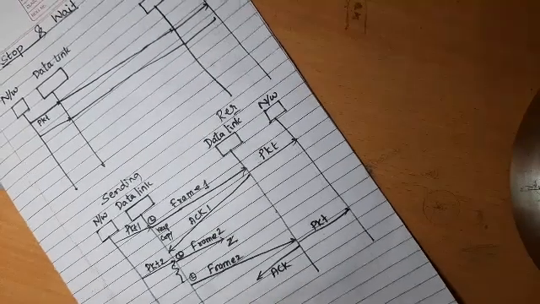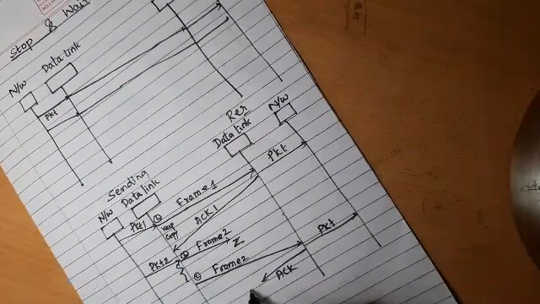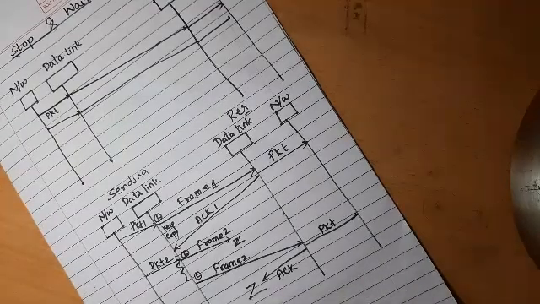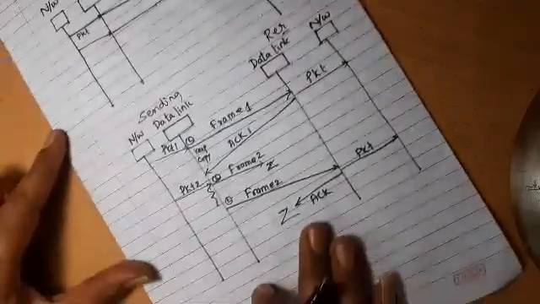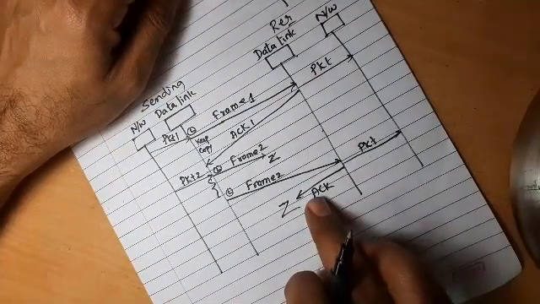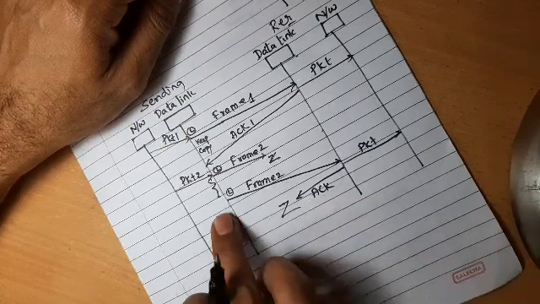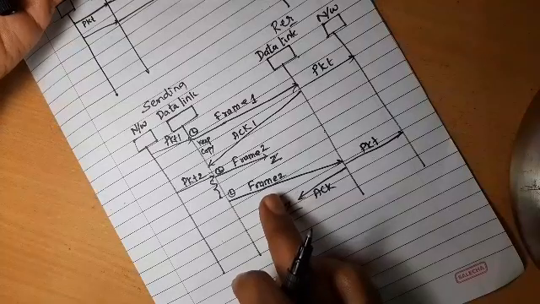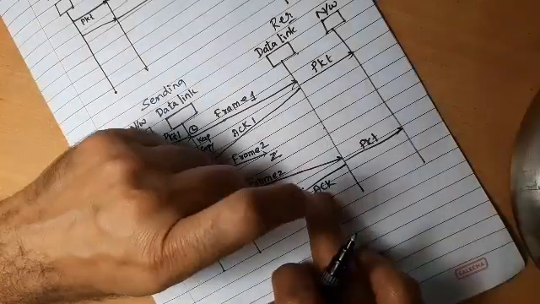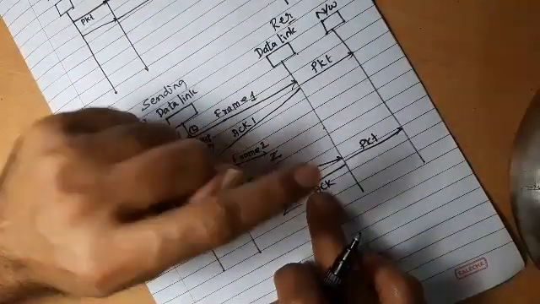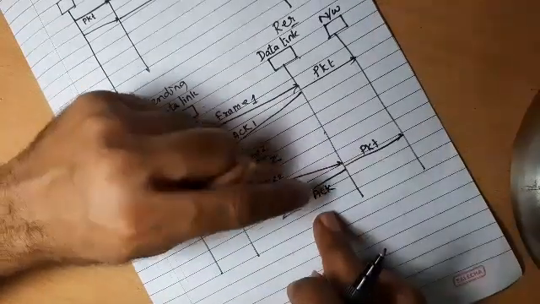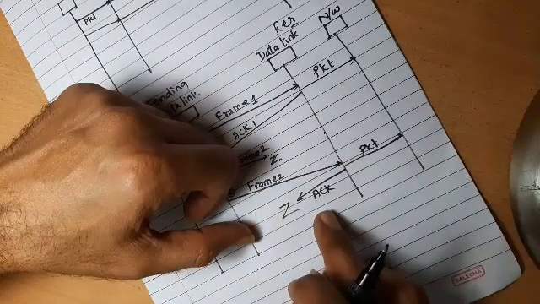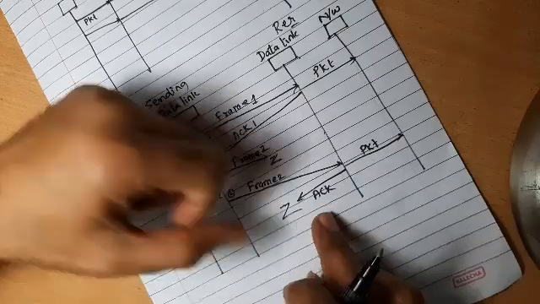Moment it sends the acknowledgement, assume that the acknowledgement is lost. If the acknowledgement is lost, again the sender is in a dilemma about whether the frame has reached the destination. So here what has happened is loss of acknowledgement. The frame has reached properly, but the acknowledgement has not come back to the sender.